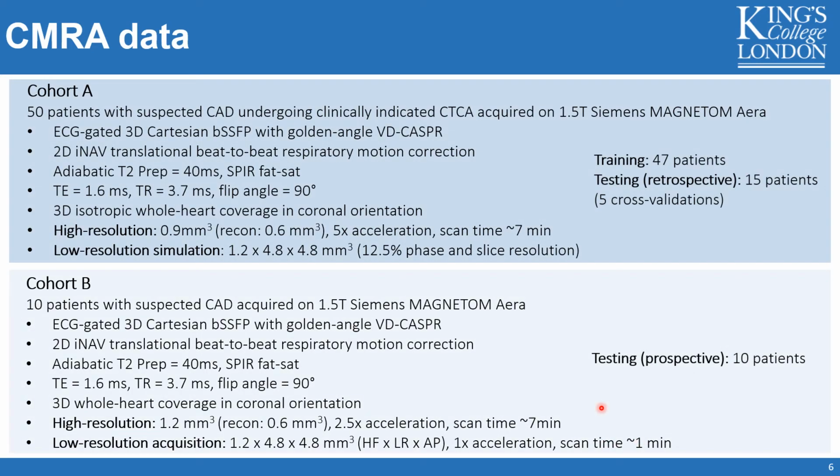For training, we took subjects of cohort A and a few further subjects in 5 cross-validation runs for retrospective analysis. And in cohort B, all the subjects which were prospectively downsampled were taken for testing.